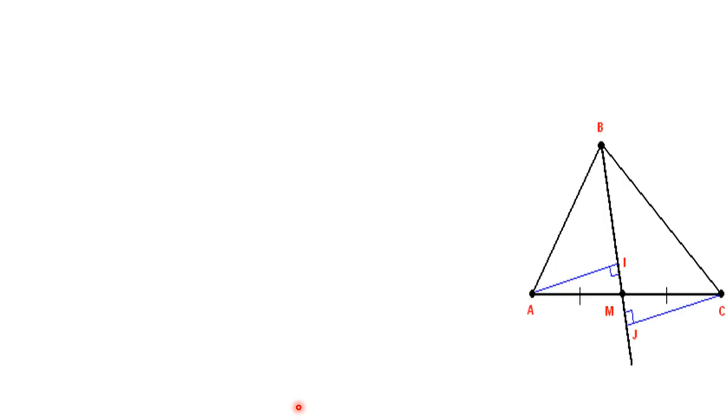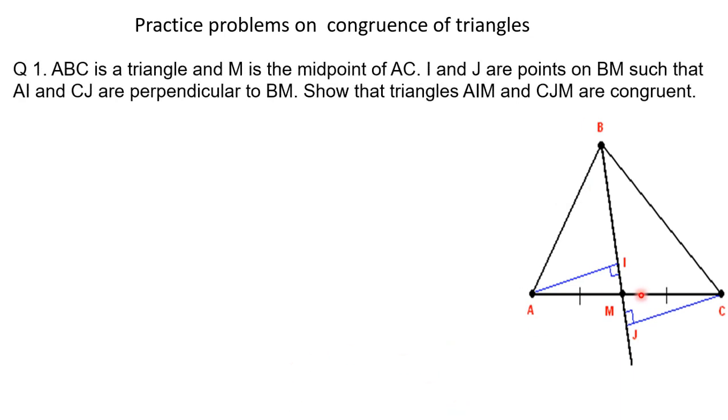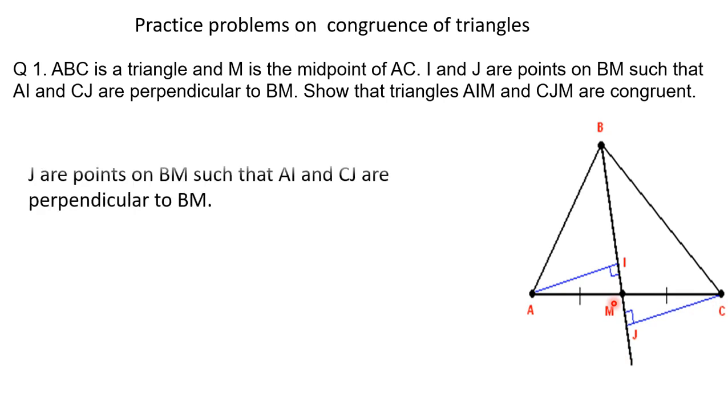Now let's start some practice problems based on the congruence of triangles. So here is the first question. ABC is a triangle and M is the midpoint of AC. I and J are points on BM such that AI and CJ are the perpendiculars to BM, and we have to show that triangle AIM and triangle CJM are congruent.